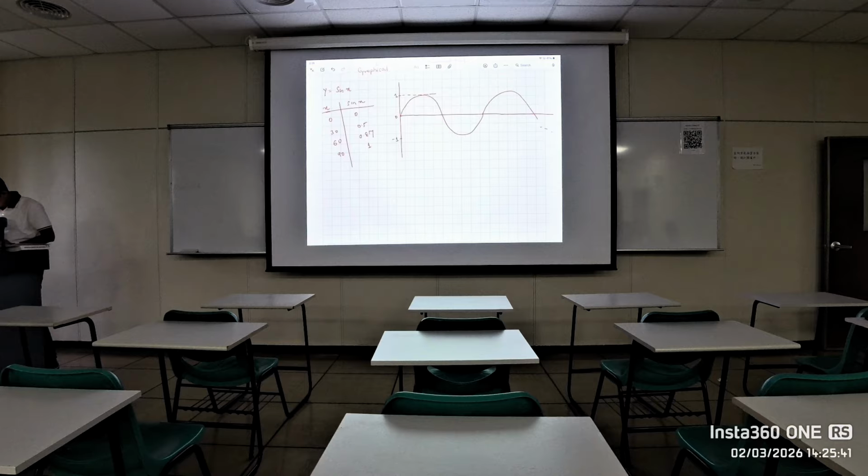I can put the values 30, 60, 90, and so on. This is 0, 90, then I have 120, 150, then this one will be 180.